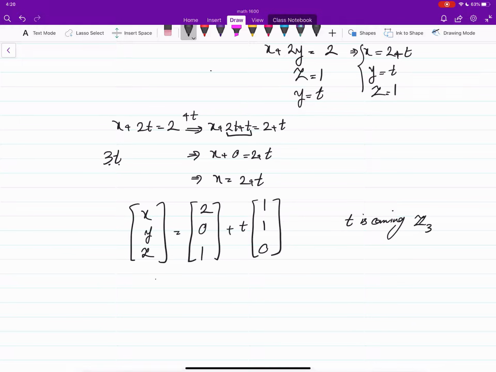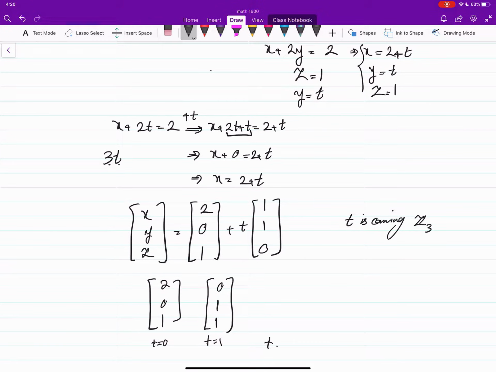In other words, when t is 0, we get 2, 0, 1. When t is 1, we get 2 plus 1 is 0, 0 plus 1 is 1, 1 plus 0 is 1.